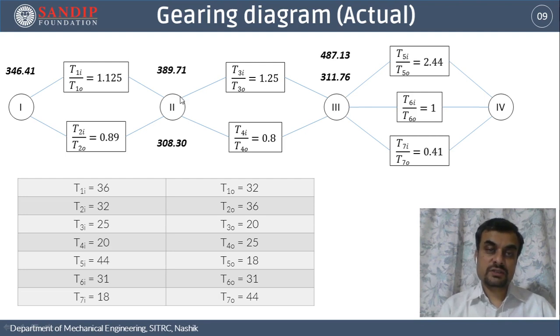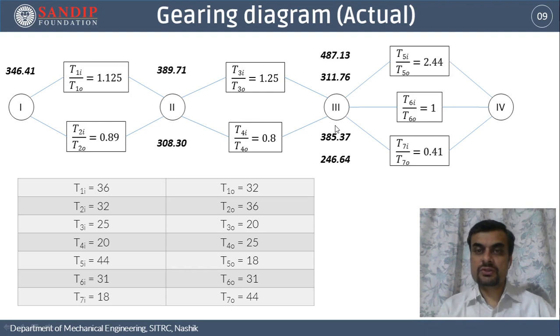However, if the second shaft is running at 308.30, which means the second gear pair is engaged, and in the second stage the third gear pair is engaged, we will get 385.37 rpm. Similarly, if the fourth gear pair is engaged, we will get 246.64 rpm.